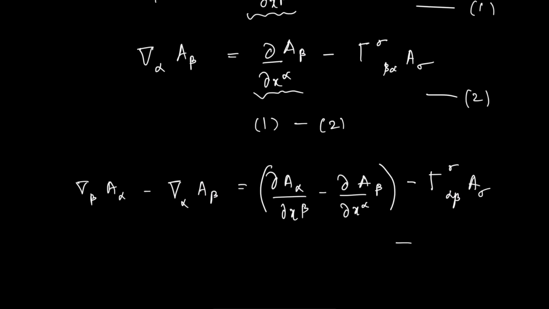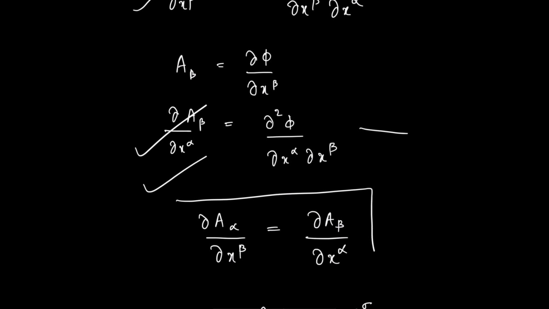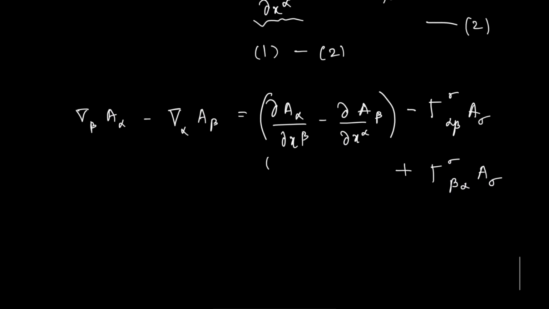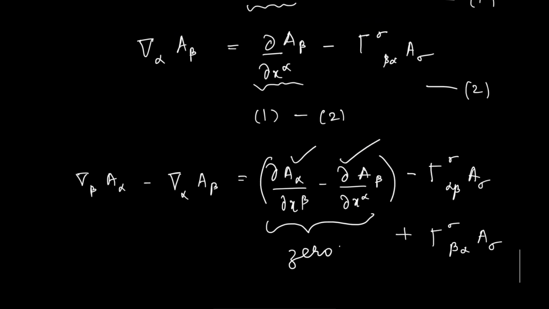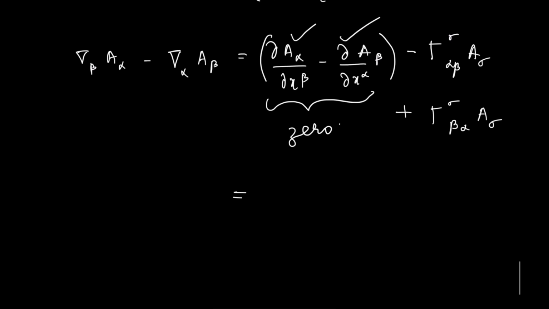Now minus of minus will be plus Christoffel symbol sigma beta alpha A sigma. Now here we have shown that this is equal to this. The partial derivatives are equal, that we have already shown, which means that this will be 0, right? Because this term is equal to this term that we have already shown here. Therefore, the right hand side will be Christoffel symbol sigma beta alpha A sigma minus Christoffel symbol sigma alpha beta A sigma.